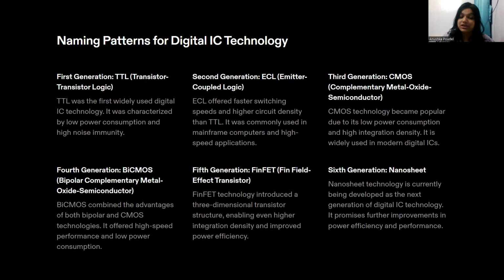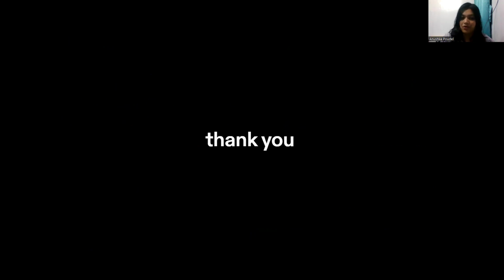FinFET technology introduced a three-dimensional transistor structure, enabling even higher integration density and improved power efficiency. Sixth generation is nanosheet, which is the upcoming generation. Nanosheet technology is currently being developed as the next generation of digital IC technology. It promises further improvement in efficiency and performance.